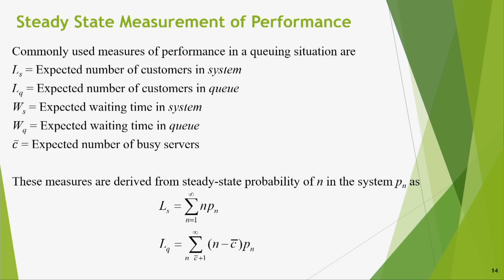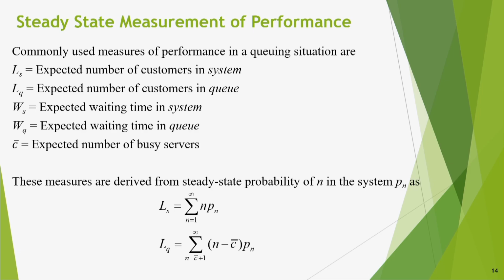Now, steady state measures of performance I have already introduced with these terms, but I am telling again a little bit more systematically so that it becomes perfect in your mind. Commonly used measures of performance in queuing situations are Ls, the expected number of customers in system, that you can say system length.